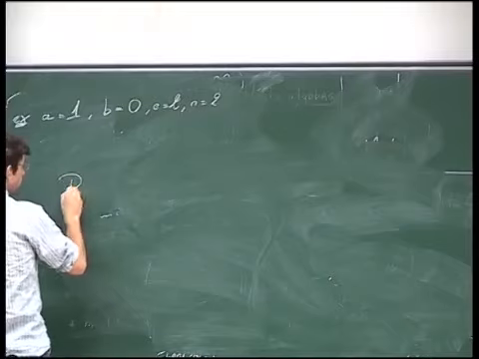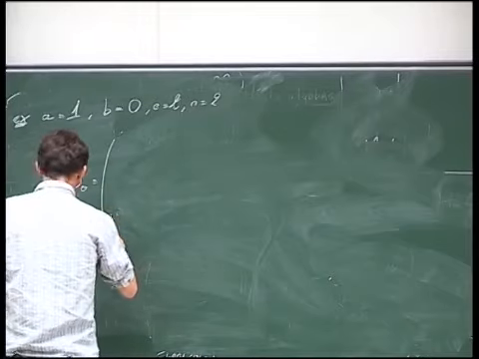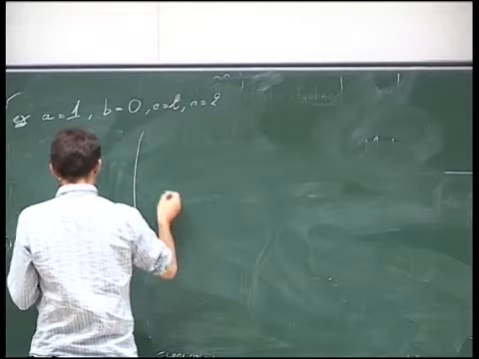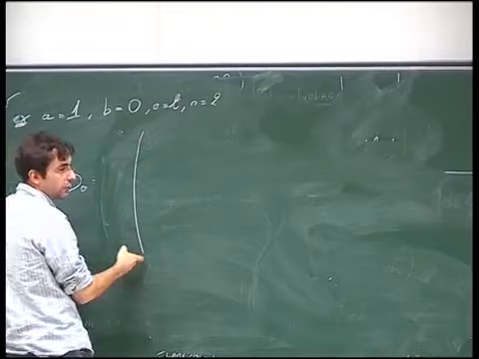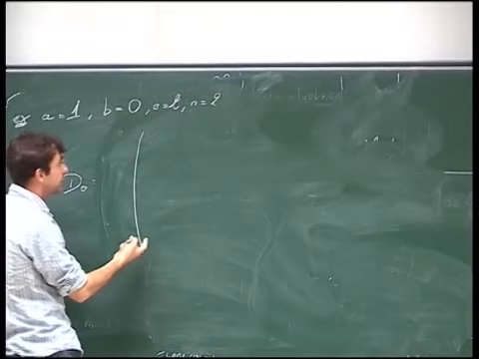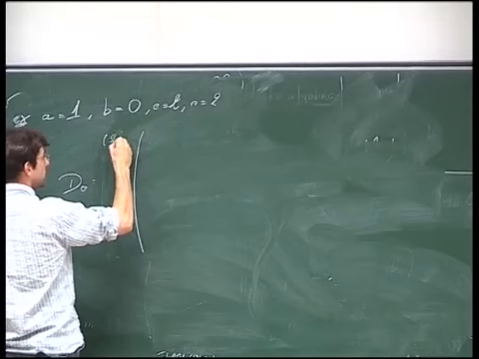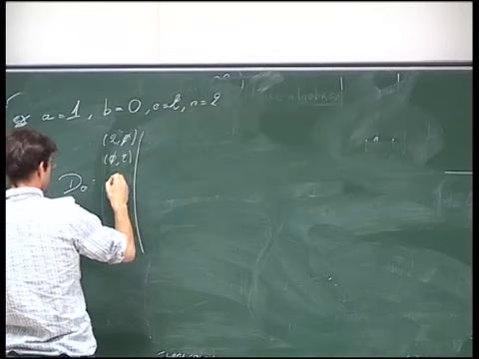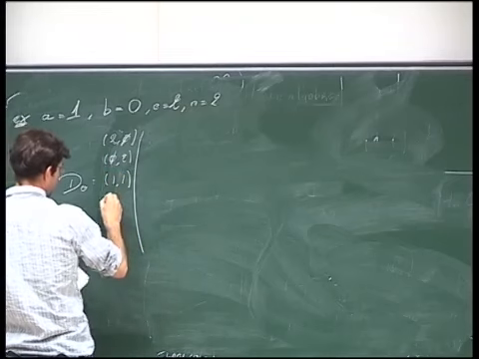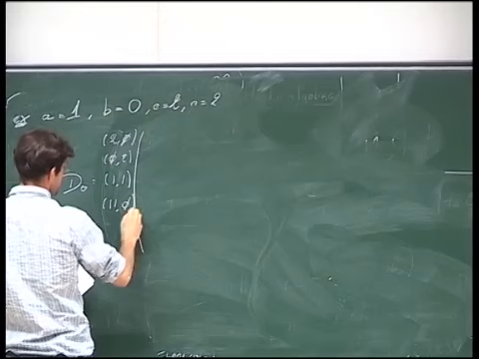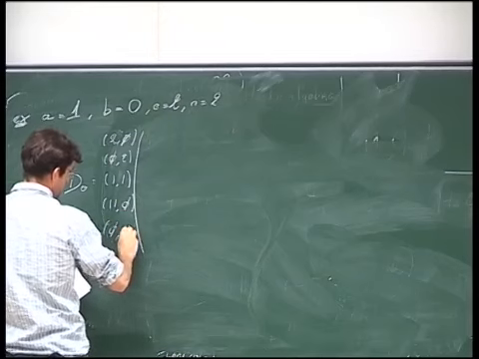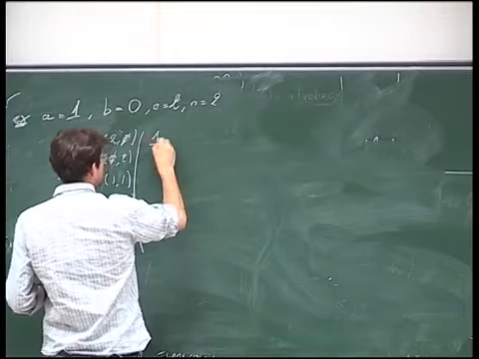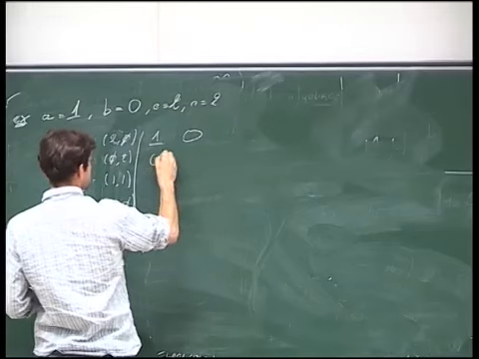And then you can compute the decomposition matrix, which is given as follows. So the rows of the decomposition matrix are indexed by the set of bipartitions of 2.